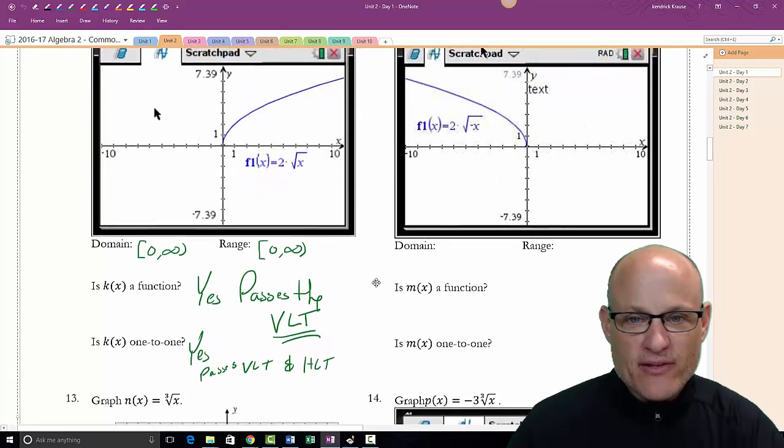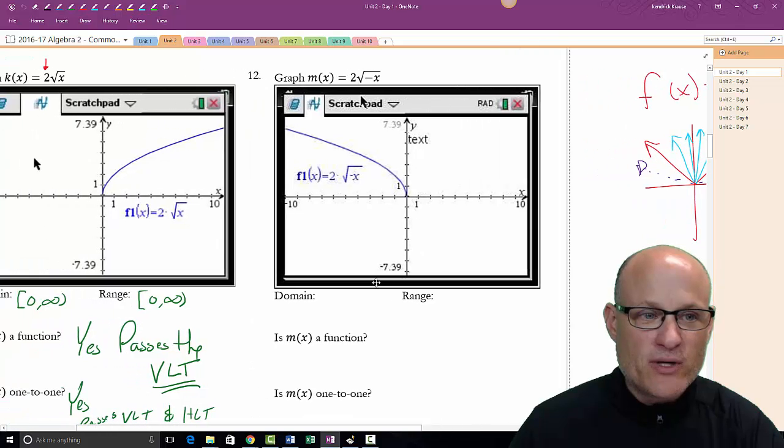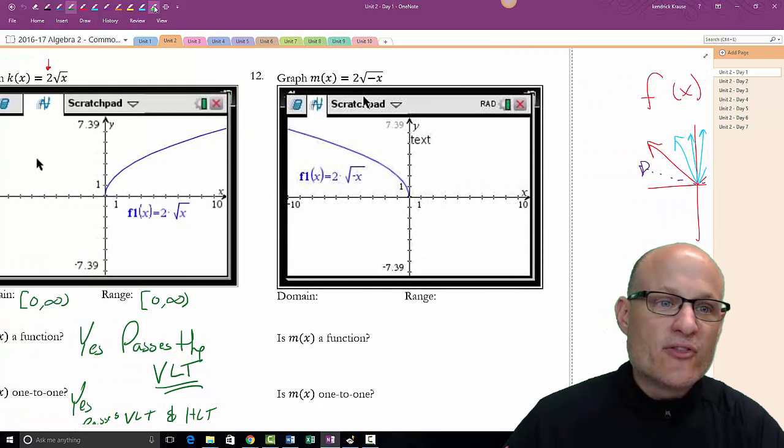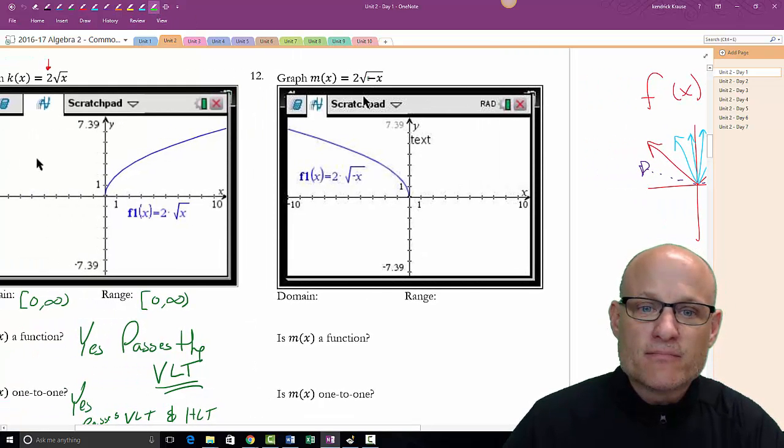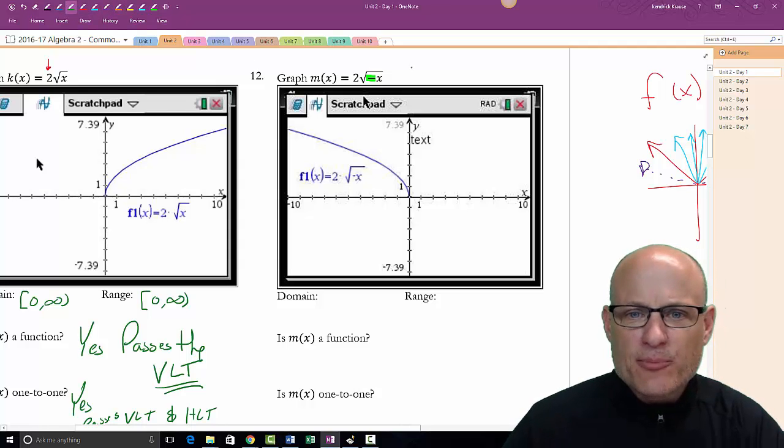All right, let's talk about this beast here. This is a little bit different. You'll notice the only difference between these two is this negative right here. Let's see. What would happen if I put in a 5 there? Or not a 5, a 1. 2 square roots of negative 1.